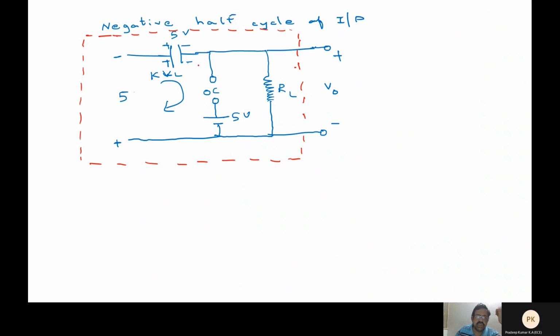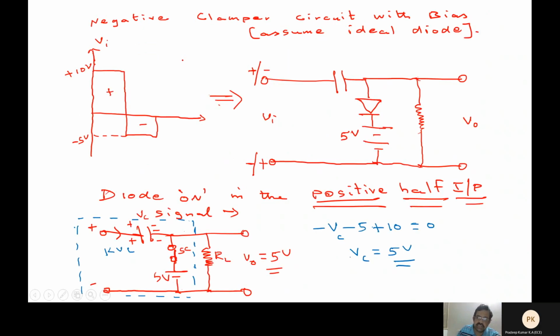So let us look at this loop. This is my KVL loop. Going from the capacitor, I will say VC to begin with, and substitute later. It is plus to minus VC, and the polarity here has not changed, because the capacitor retains whatever it gained in the positive half input.